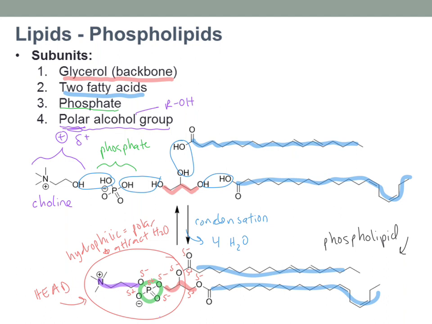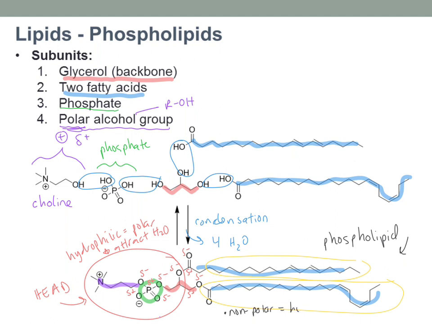Versus, if I take a look at this piece over here, so all of this piece and this piece, these pieces are hydrophobic because they're just nonpolar. So these pieces over here, this is all nonpolar stuff. I just have carbon-carbon, carbon-hydrogen.